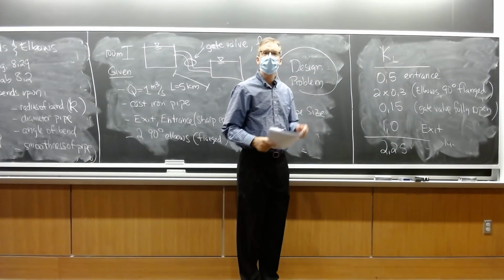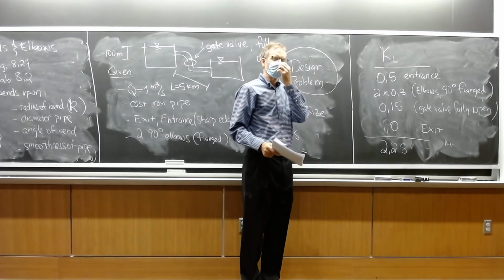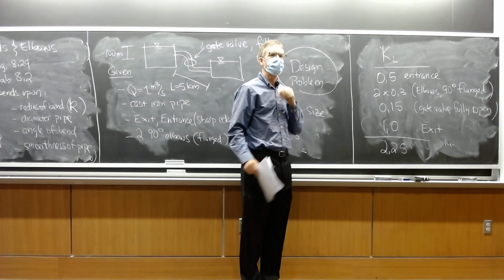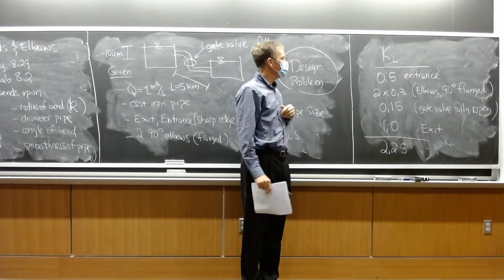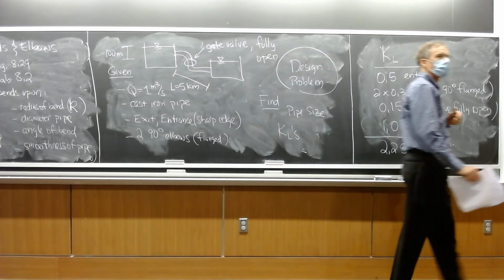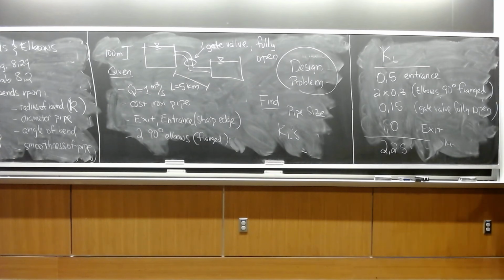How would you know the K_L of the elbows if you don't have the area? Well, I found one of the tables saying that if it's a 90-degree flange, and I didn't look to see if there's a limit on the pipe sizes, but I pulled this out of one of the tables in the chapter.